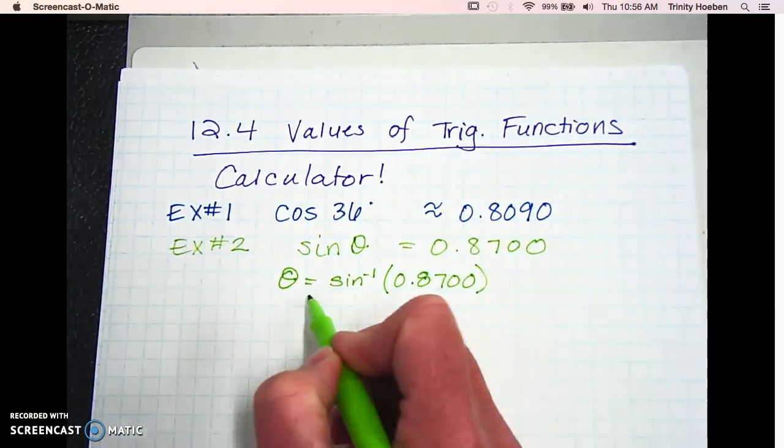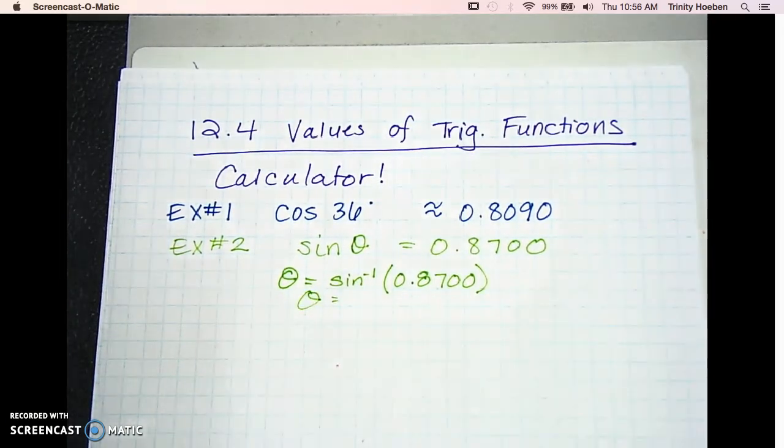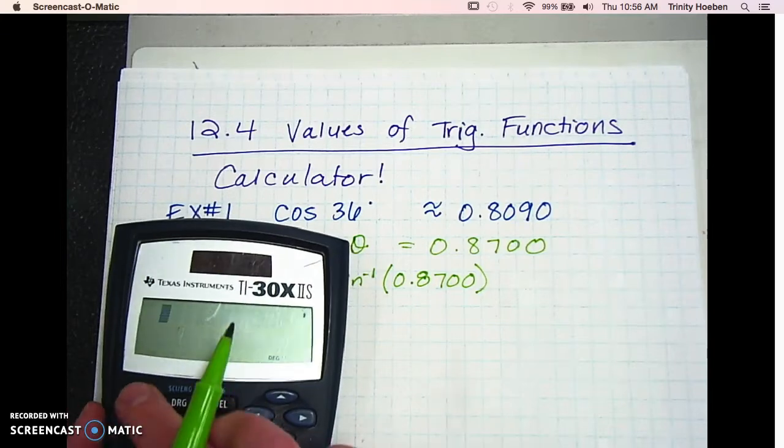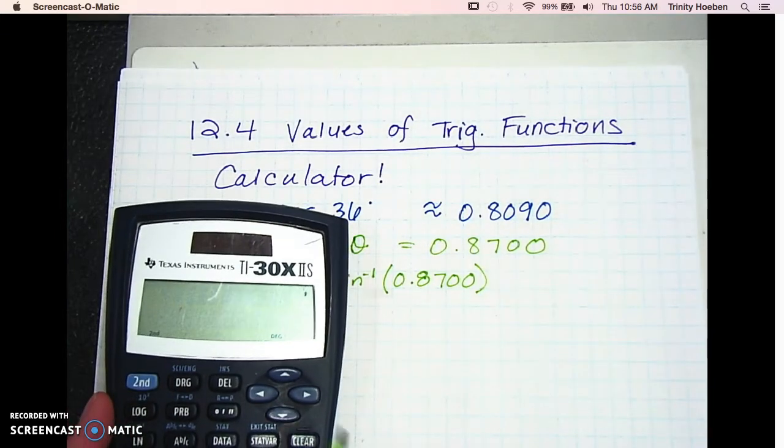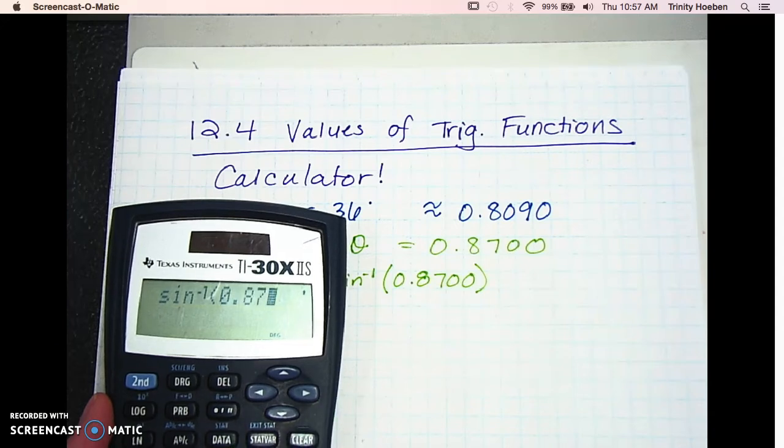You're going to type that in your calculator. For this one, you want to hit the second, on some calculators it says shift, sine of 0.8700. Hit the equal sign.